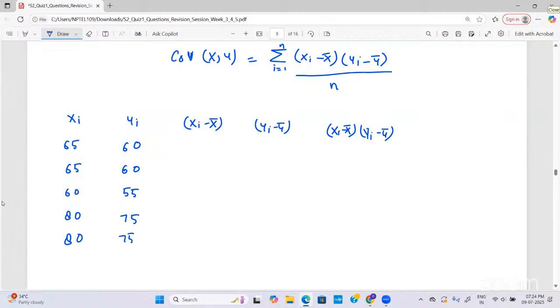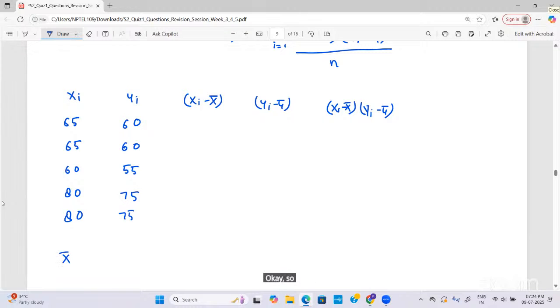Yes, for x it is 70. Okay, so what is the value of x bar? It will be 70. Y bar? 65. 65. Okay.